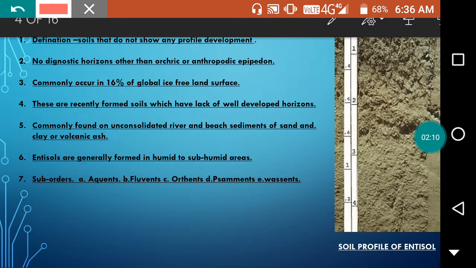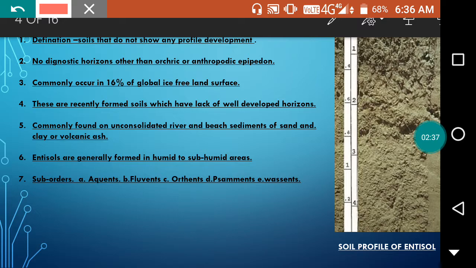And see the next point. In this Entisol there are diagnostic horizons like ochric or anthropic epipedon. These are the diagnostic features, ochric or anthropic epipedon. And commonly this Entisol occurs 16% worldwide. These are recently formed soils which lack well developed horizons.